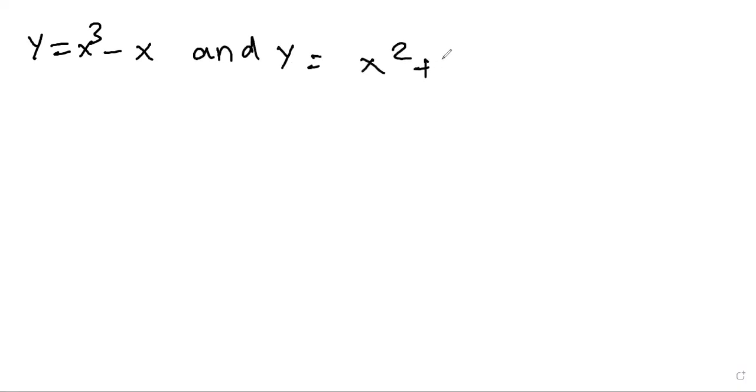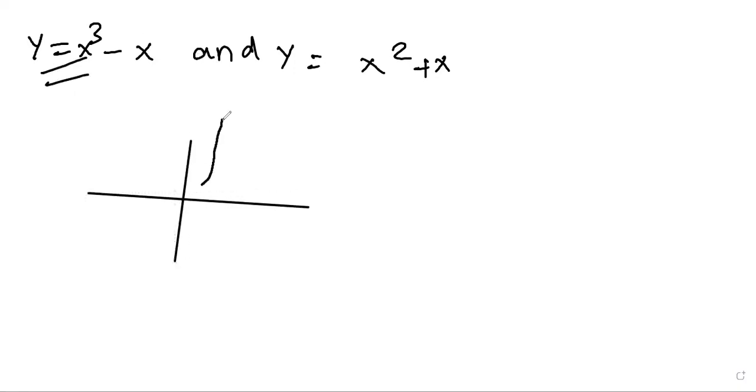Okay, let's see illustration 31. Find the area bounded by y is equal to x cube minus x and y is equal to x square plus x. This is a bit tricky because y is equal to x cube is a cubic equation.